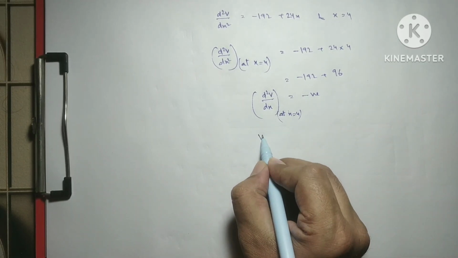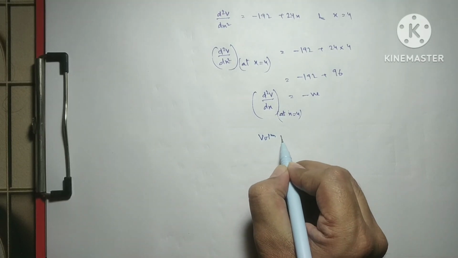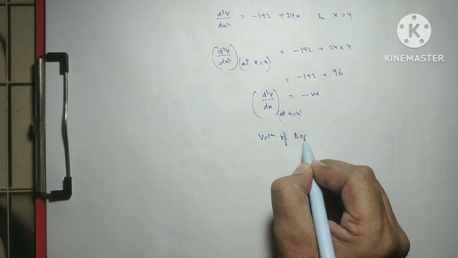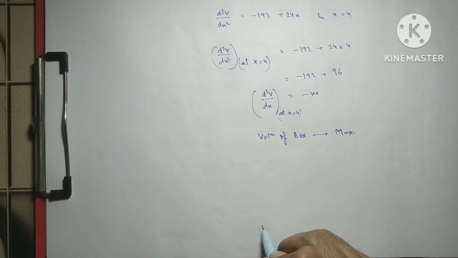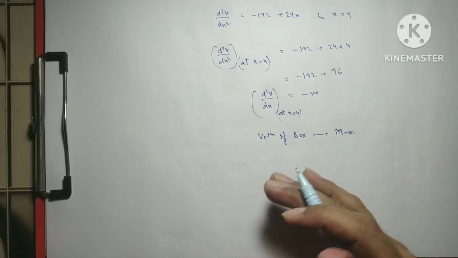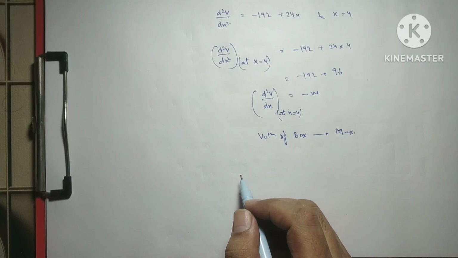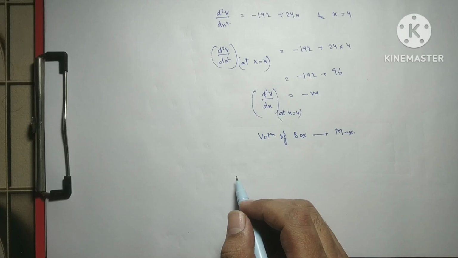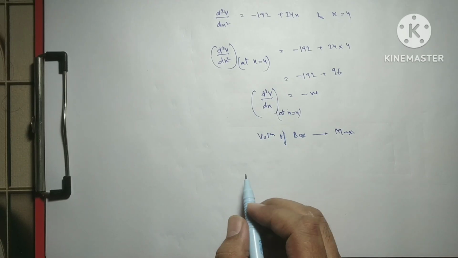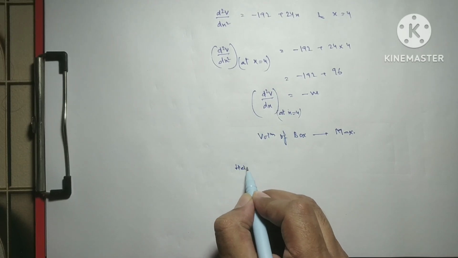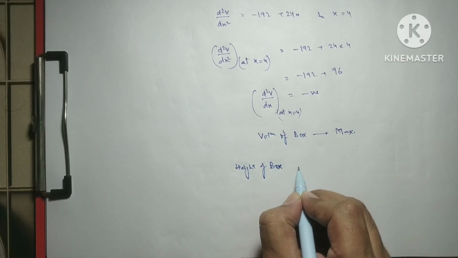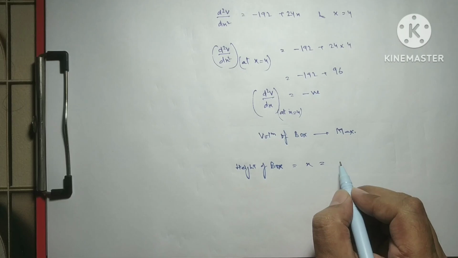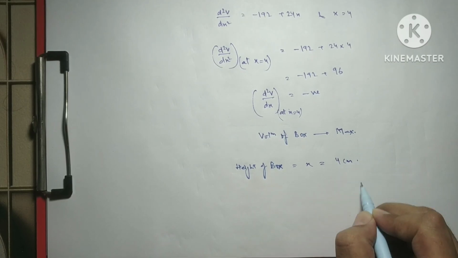It shows the volume of the box is at a maximum. So x is the height of the box. This was our question, the height of the box. So the height of the box is 4 centimeter. So this is your answer.